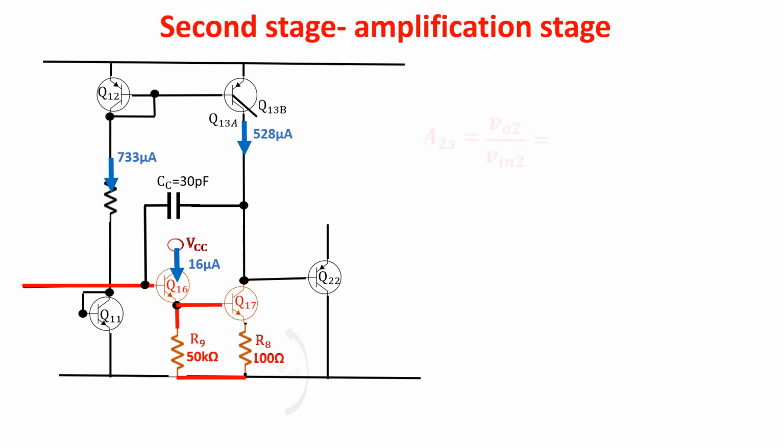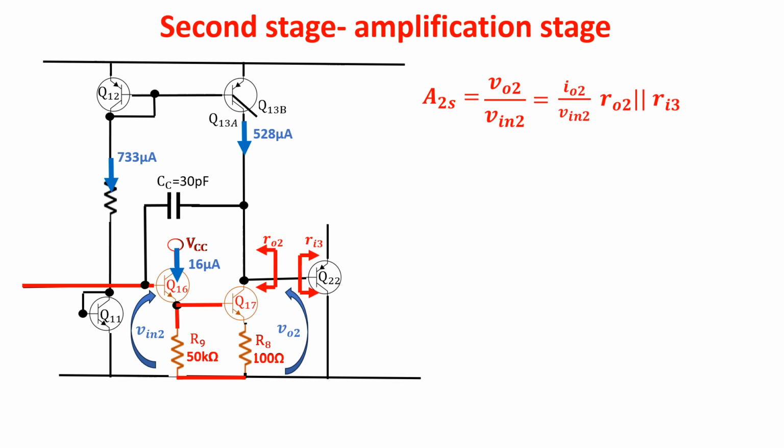The gain of the second stage is the ratio between VO2 and Vin2. This can be seen as the product of the transconductance by the resistance seen at the output of the second stage, so the parallel of RO2 and RI3, where RI3 is the resistance seen into the base of Q22, so the input resistance of the third stage.